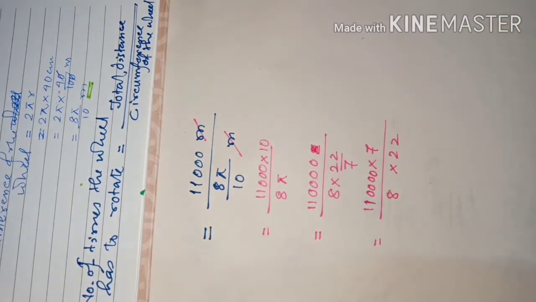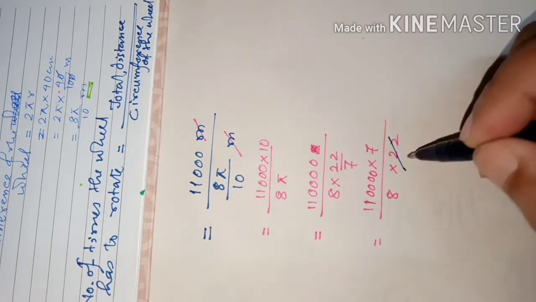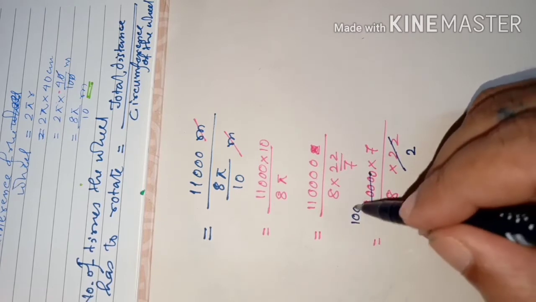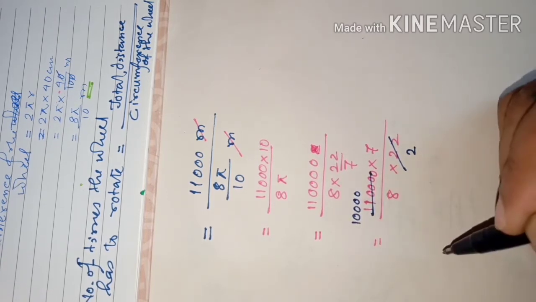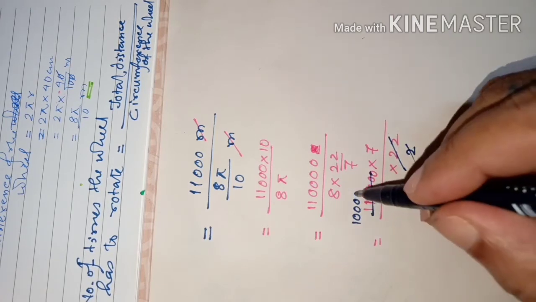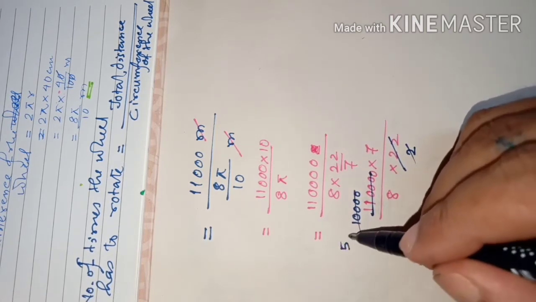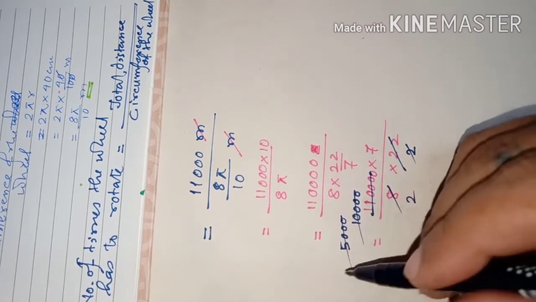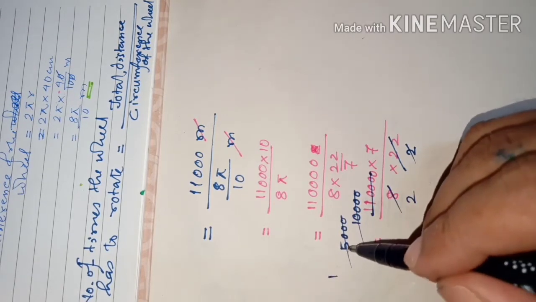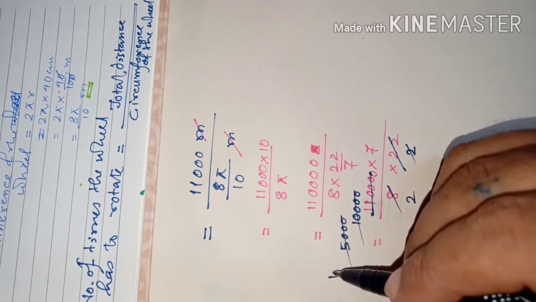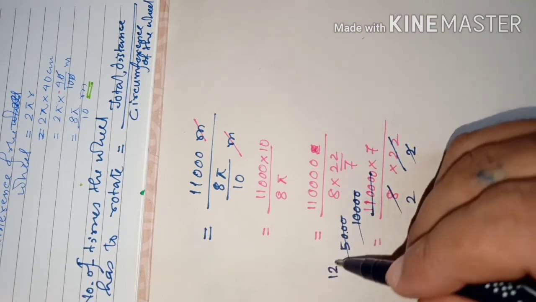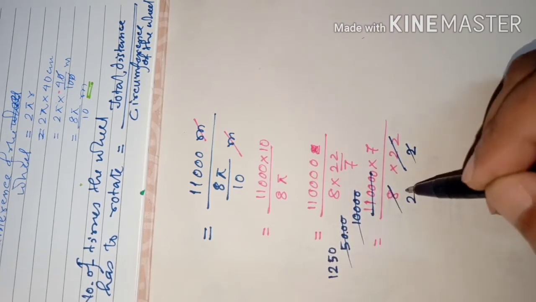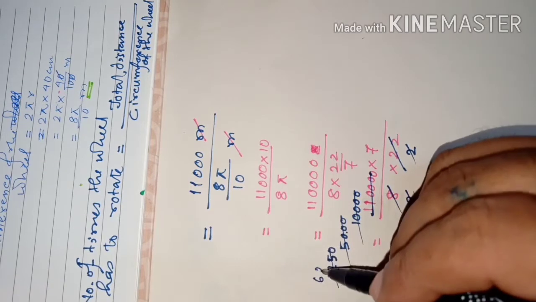Now by 11 you can cancel. 11 twos are 22, 11 ones are 11, leaving 10,000 into 7 by 2 into 8. Again by 2 you can cancel, then by 4 you can cancel, and we get 625.